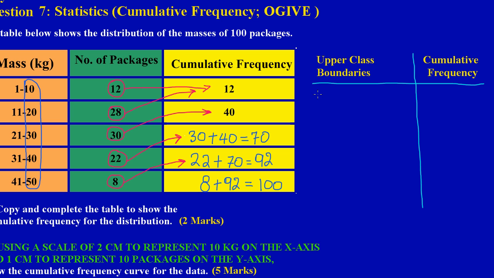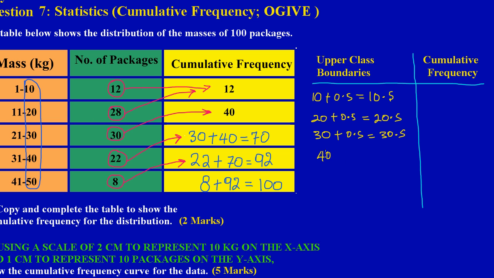So I'm saying 10. And to get my upper class boundary, I must add 0.5 to 10. That would give me 10.5. So 10.5 is my upper class boundary for the first class. Then I would continue that process. I would say 20 plus 0.5, and that would give me 20.5. Then 30 plus 0.5 is equal to 30.5.